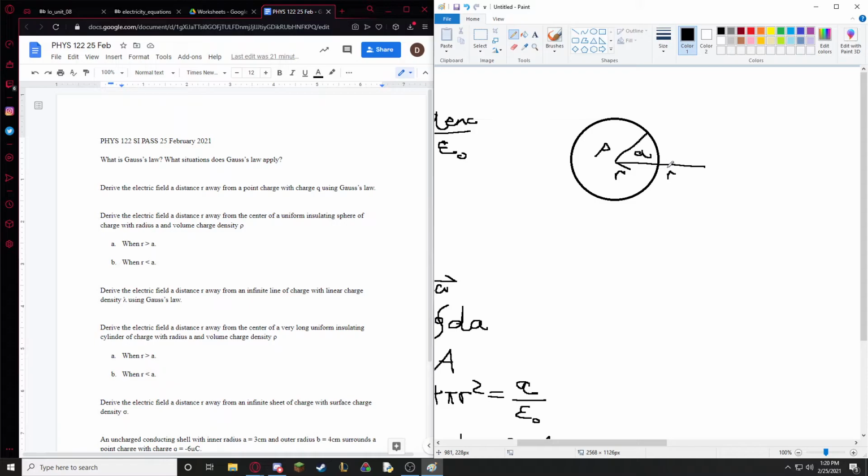All right, so if we want to find the electric field for r being greater than A, what would it end up being and why? If r is greater than A, what's the enclosed charge within our Gaussian surface?